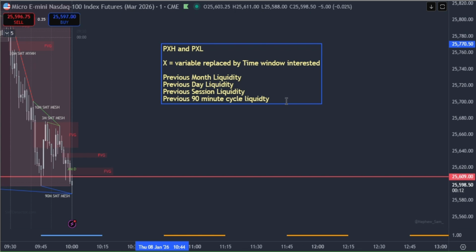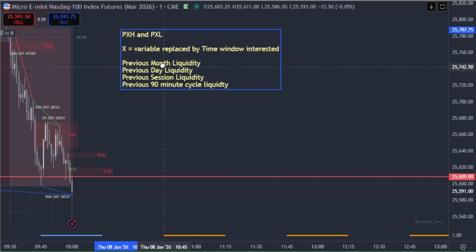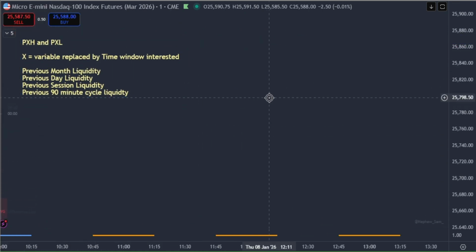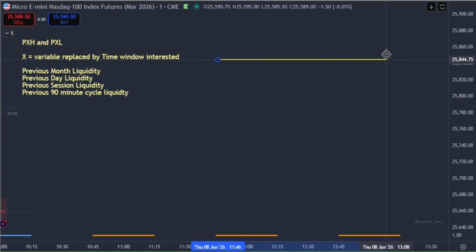So let me show you exactly. It's good to understand on a high level PD arrays, order flow, all of that matters. But today I'm only going to go over these time cycles, okay? And the way they work, I'm going to draw these lines because this is the simplest way to understand it.